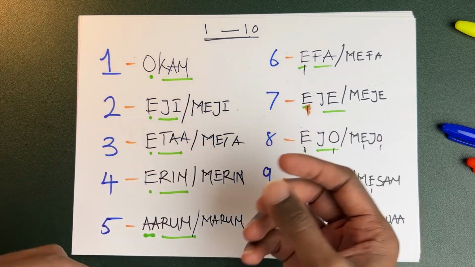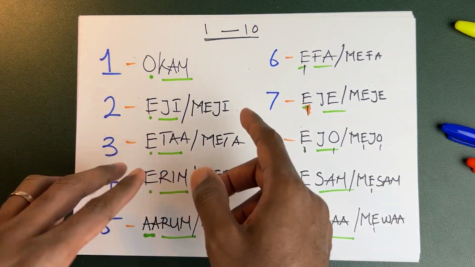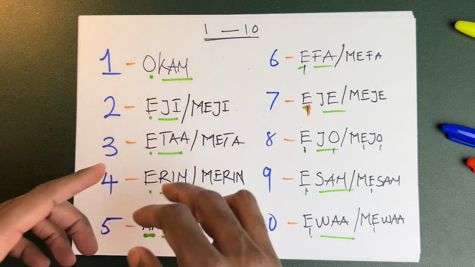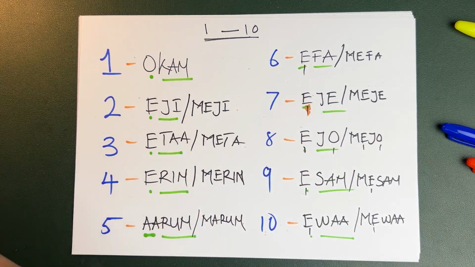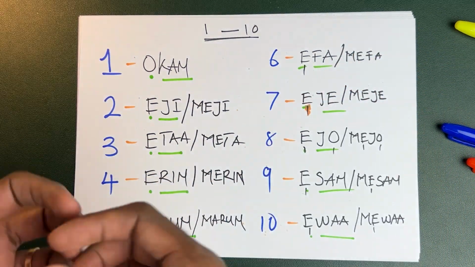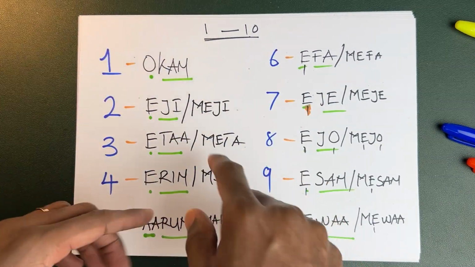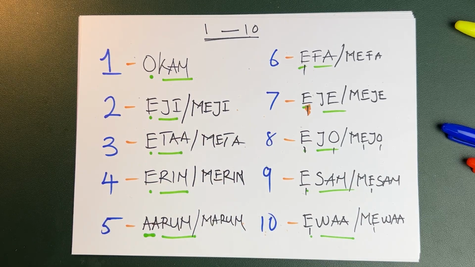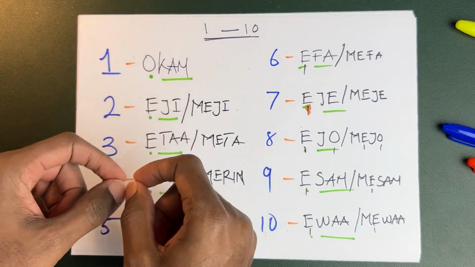You would say mẹ́jọ. You would say mẹ́rin. You would say mẹ́fà. That's the quantity that you have. The quantity in numbers, the units, is where the M comes in. But the number in itself, in the numbering system, you have Èjì as number 2.